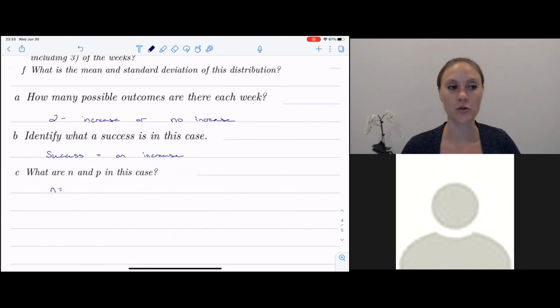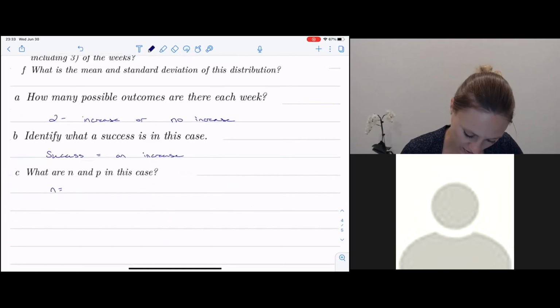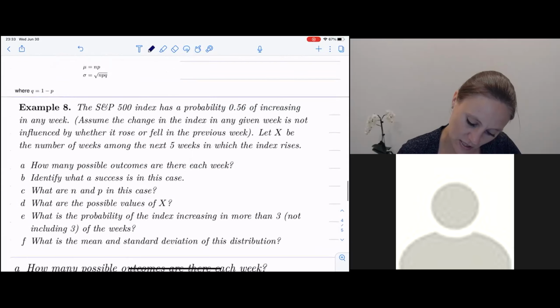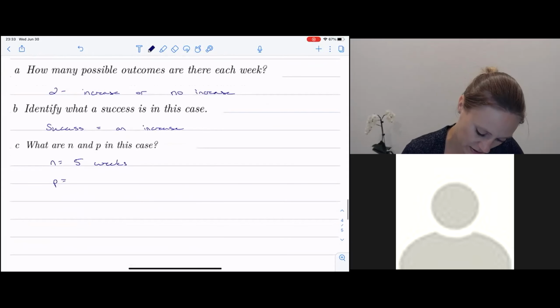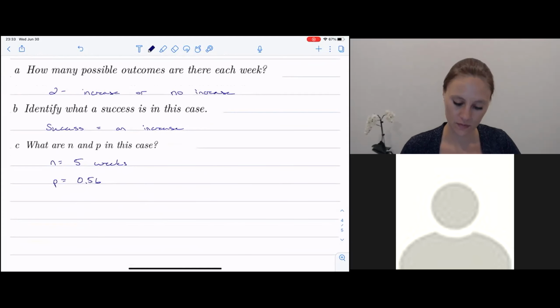N is the number of trials, right? And so that's the 5 weeks. And P is the probability of success, which was 0.56, because that's the probability of increasing. Okay.